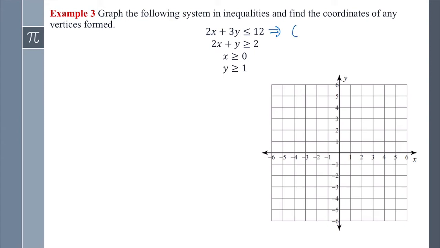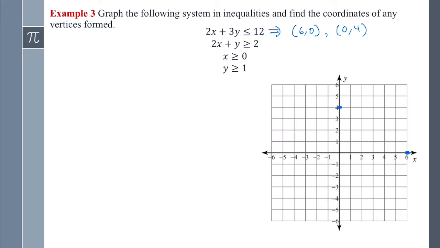So the x-intercept is 6 comma 0, and the y-intercept is, if I make x 0, I get 3y equals 12. That means the y-intercept is 4, so we have 0 comma 4. So the x-intercept is 6 and the y-intercept is 4, and let's go ahead and draw that line.